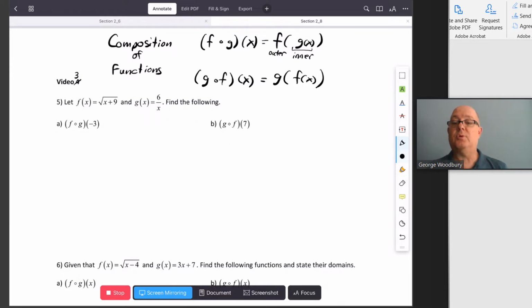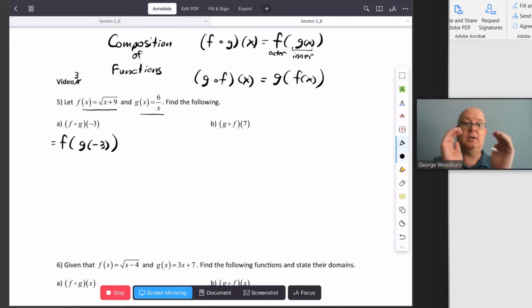In the first example, we've got f of x equals the square root of x plus 9, and g of x equals 6 over x. And we're going to do a composition involving values. So first I've got f of g of -3, and I find that it works better for me to rewrite that as f on the outside, g of -3 on the inside.